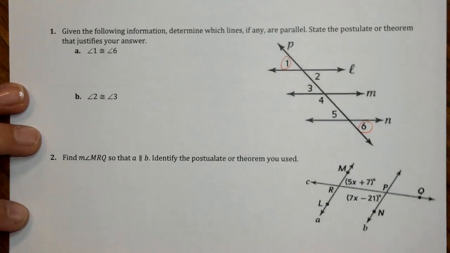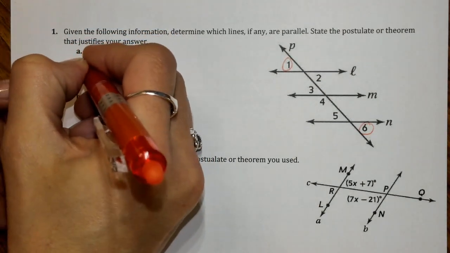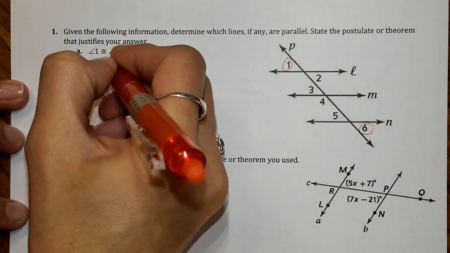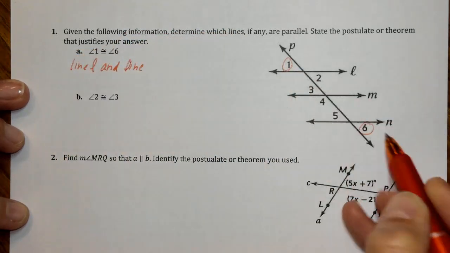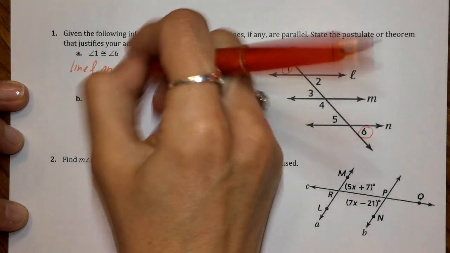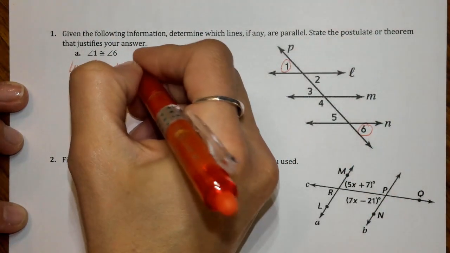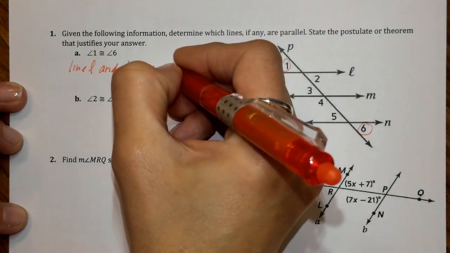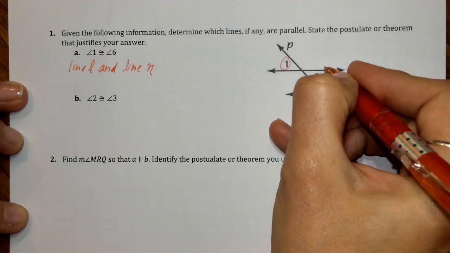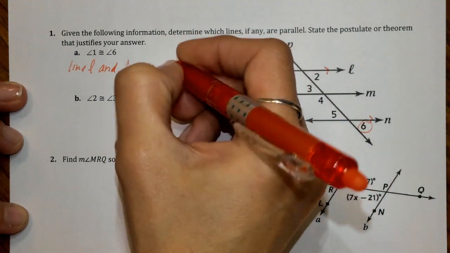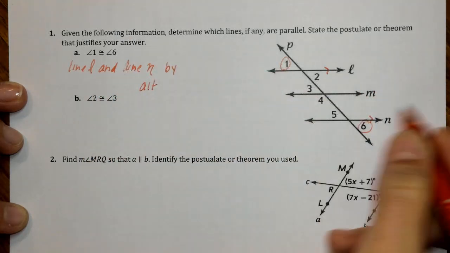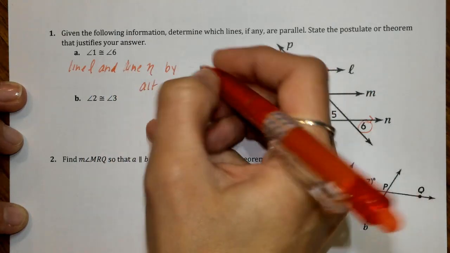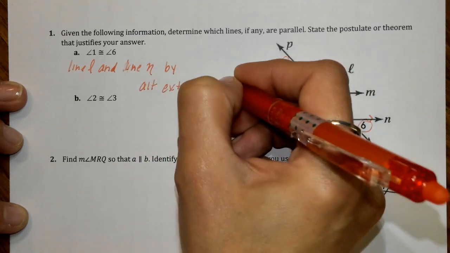So what we can state is that line L and line N are parallel by your alternate exterior angles converse.